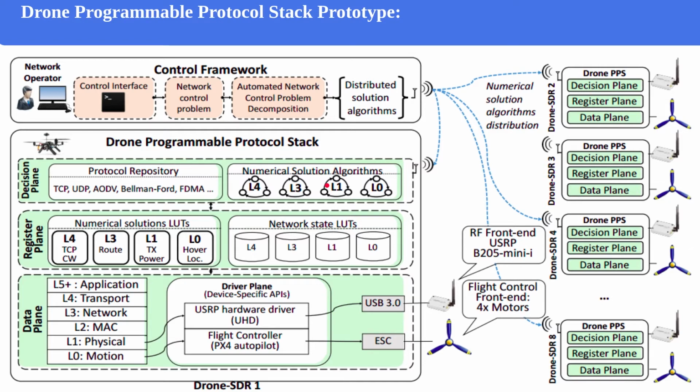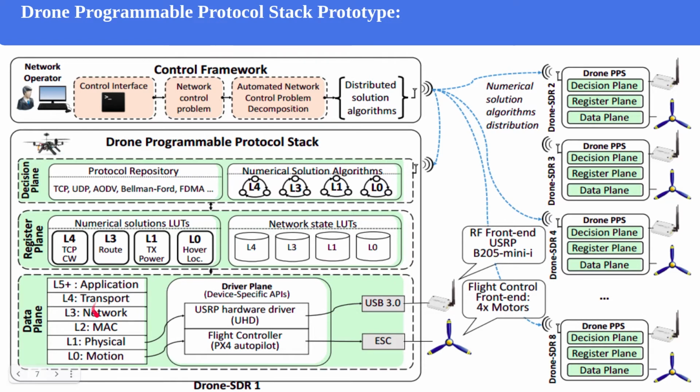The decision plane is responsible for running the distributed optimization algorithms based on the latest network state and motion information as an input parameter, and such information is retrieved from the register plane, which is also employed to store the computed numerical solution.